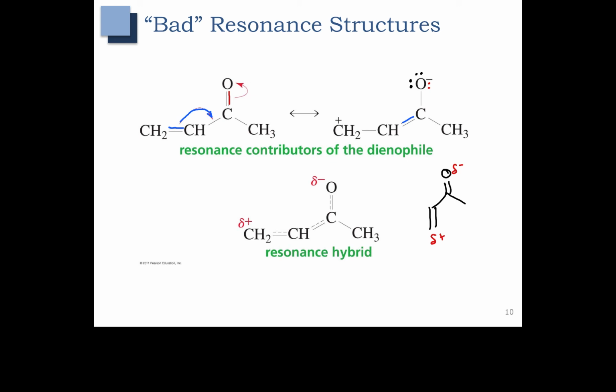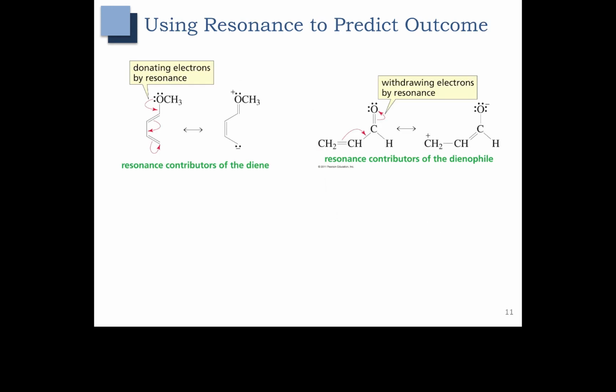Let's look at the specific example that we were doing on the previous slide. That example had an ether and an aldehyde. The ether can push electrons all the way down to the carbon, and the aldehyde can push electrons all the way up onto the O-.